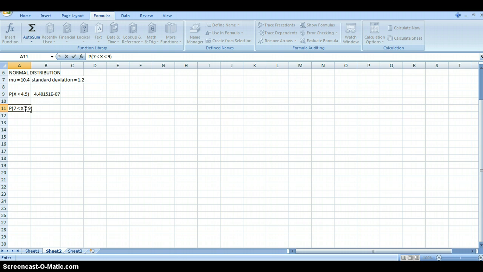Oh, 9 is fine too. So I want the probability that my value is going to land between 7 and 9. Then what do we end up with here? Well, actually, let's make that a little bit bigger. Let's go like 12.